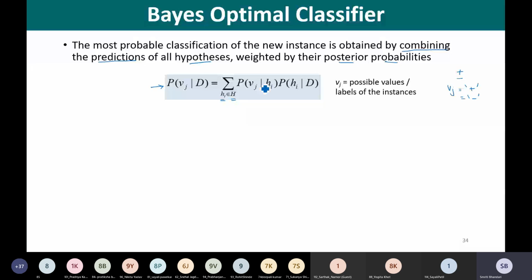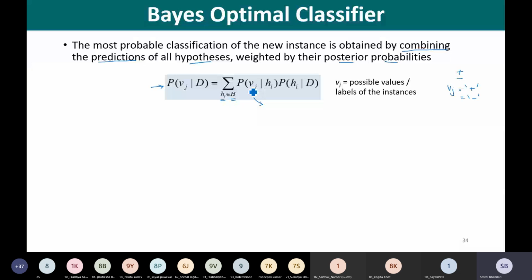First is probability of Vj given Hi and probability of Hi given D. So what is this probability of Vj given Hi? Vj is my class label. So what is the probability that we are getting this class label Vj given the hypothesis Hi?